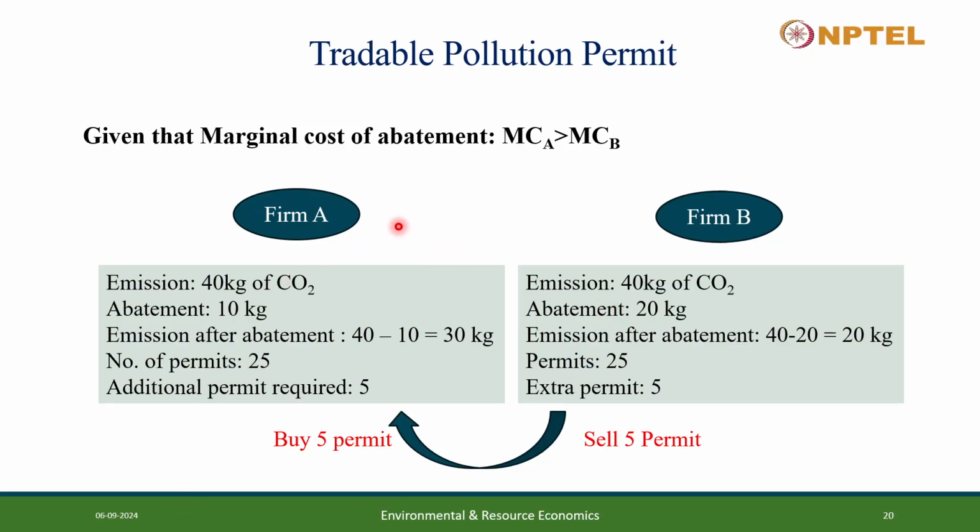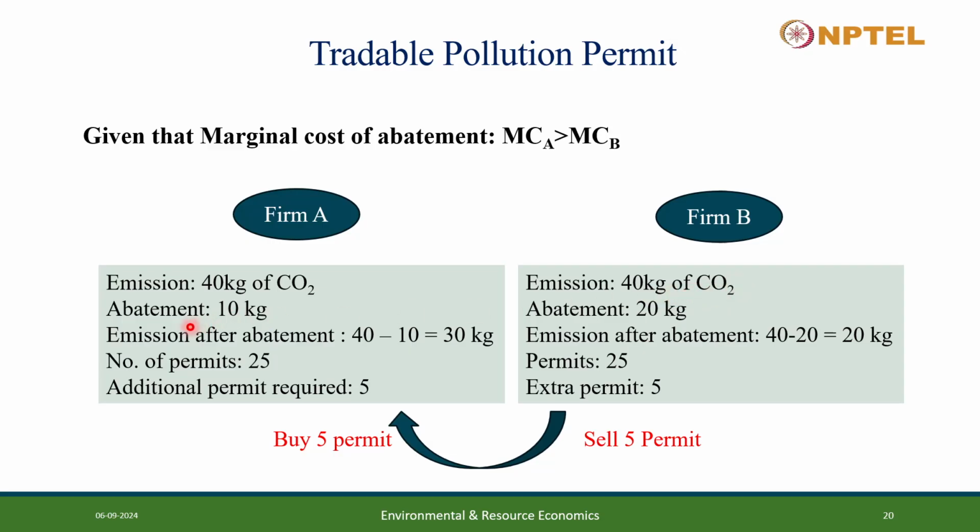So let's say that there are two firms, firm A and firm B, with firm A having higher marginal cost than firm B. Let's say that the emission limit for both the firms is 40 kg of CO2.